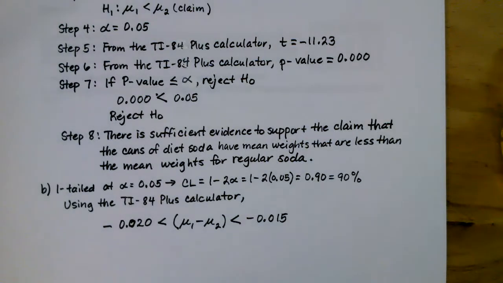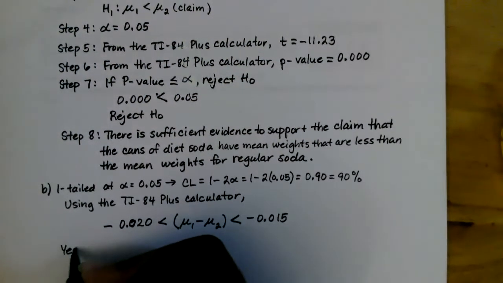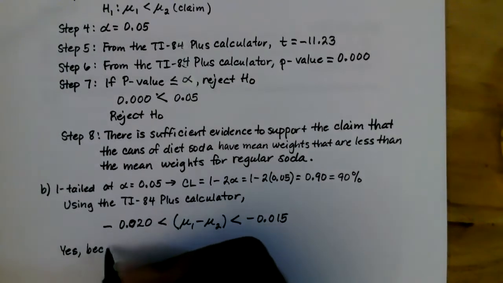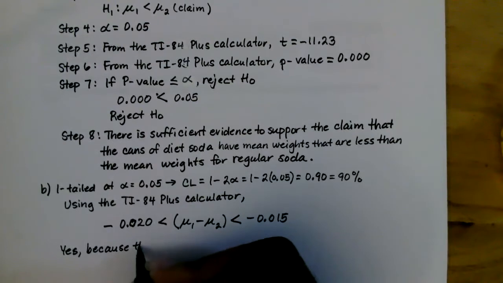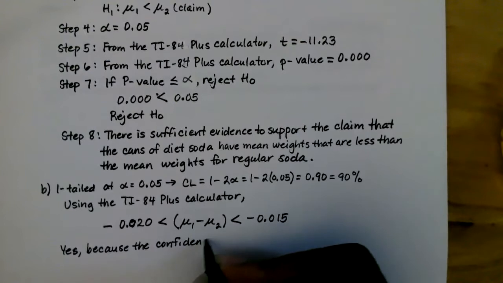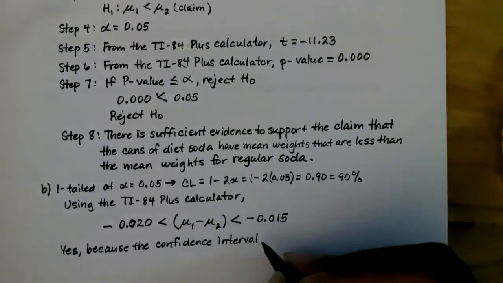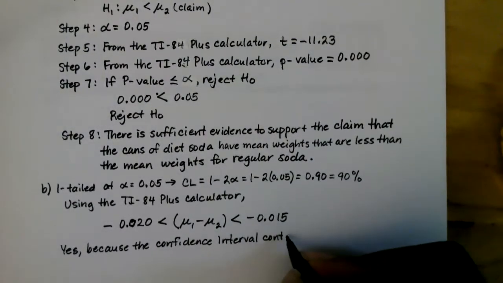And does that confidence interval support our conclusion of the hypothesis testing? Well, notice we only got negative values here. 0 is not in between those two negative values. So in this case, we can say yes. And that's because the confidence interval contains only negative values.